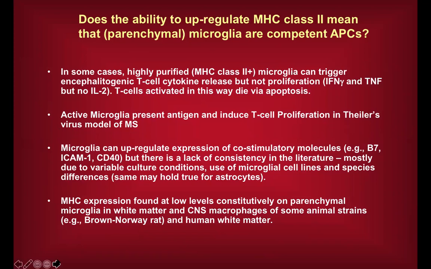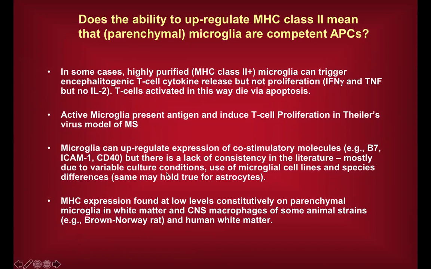And this example is in Theiler's virus model of MS. So Theiler's virus is something you can give to a rodent or to a mouse, and it causes a naturally occurring autoimmune disease that develops, so a viral induced model. And you'll see microglia present antigen in this way.